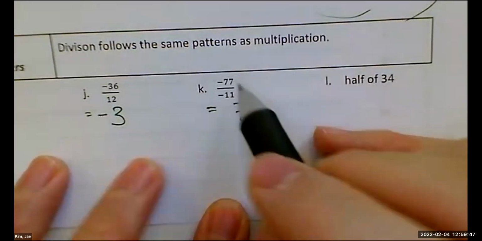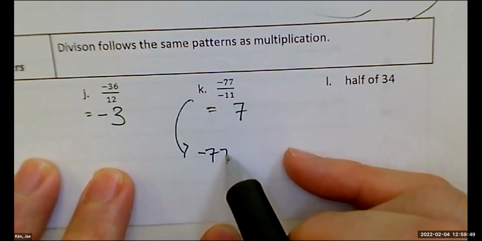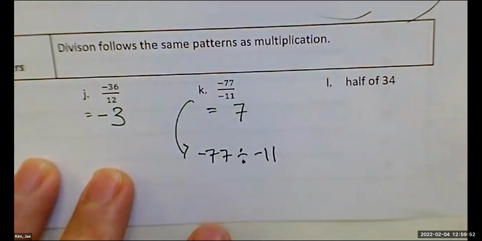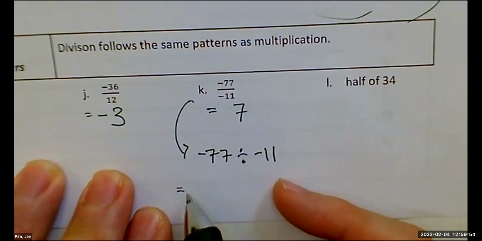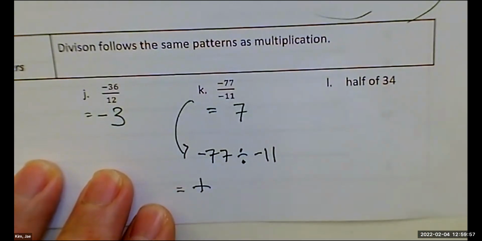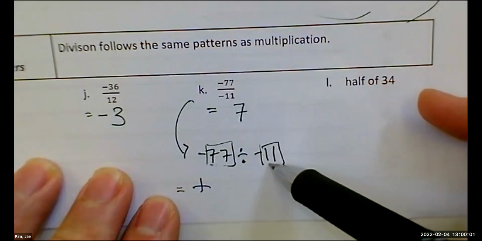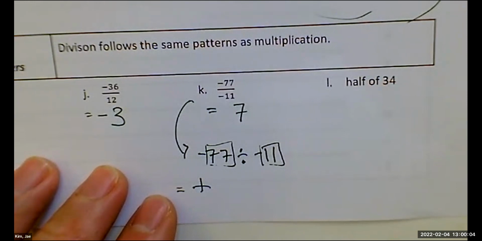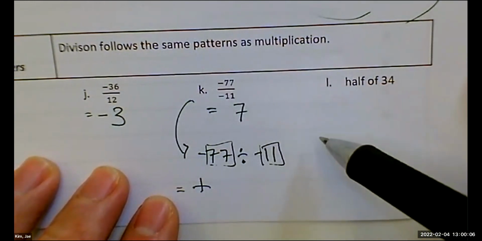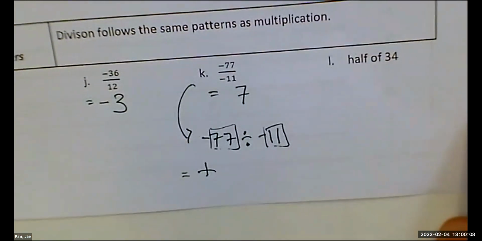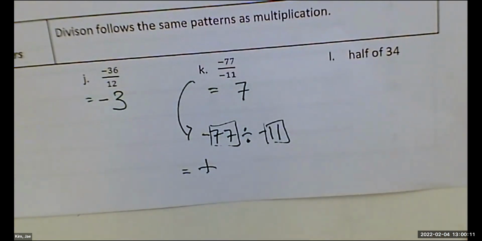Sure, it's that same idea where I have -77 and I'm dividing by -11. First off, are you okay with the fact that it is a positive? Okay, well, 77 divided by 11, you could do it in the calculator, but the idea is if I have 77 pennies and I put 11 pennies into this person's pocket, 11 pennies into that person's pocket, 11 pennies into that person's, how many people's pockets did I fill?